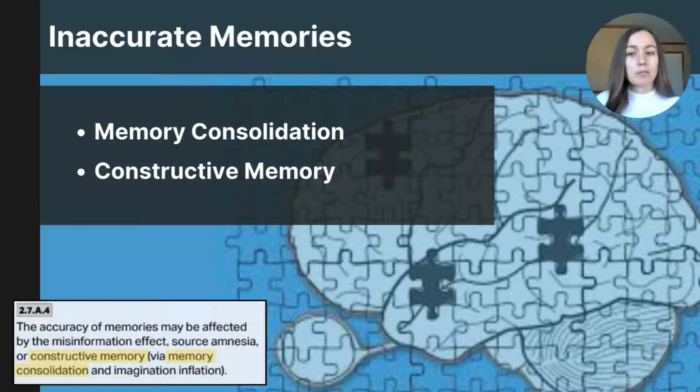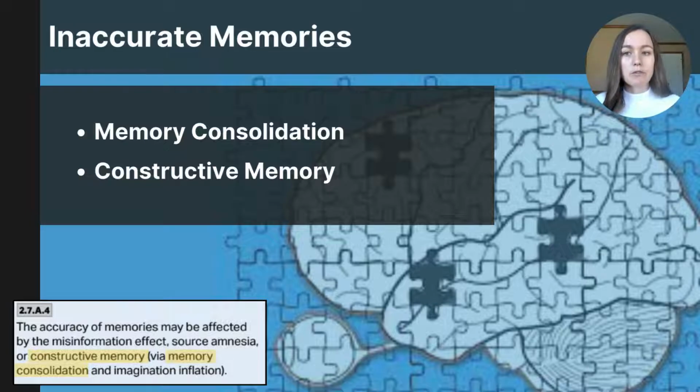And information can be distorted or can be interrupted. It's also important just to highlight here the importance of sleep, and that sleep disruption can impact our memories and can weaken our memories or cause incomplete memories. Now, another element of memory is then the process of pulling that memory back out, which is called constructive memory.